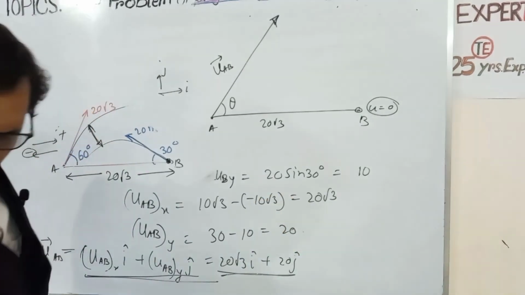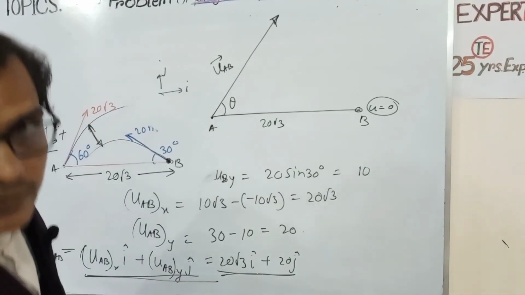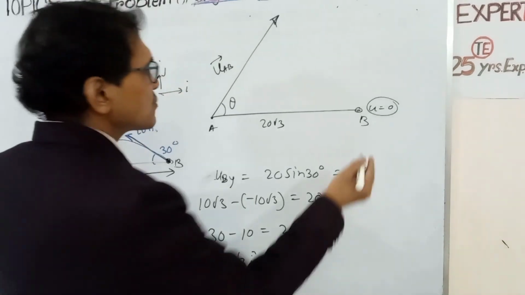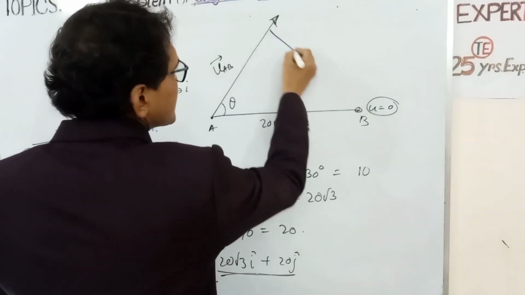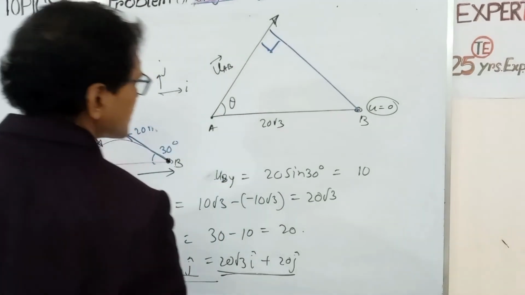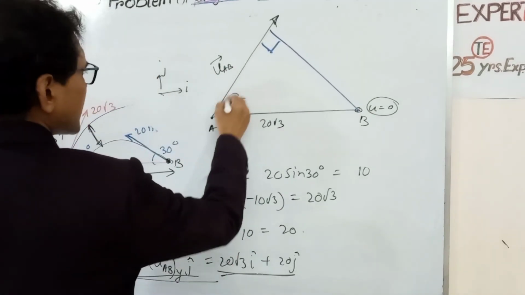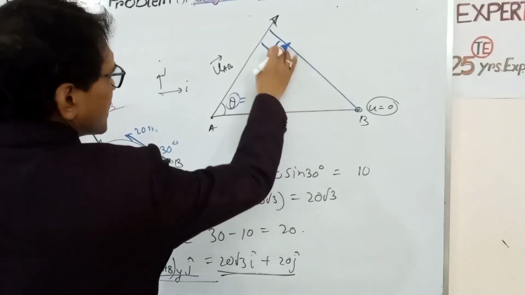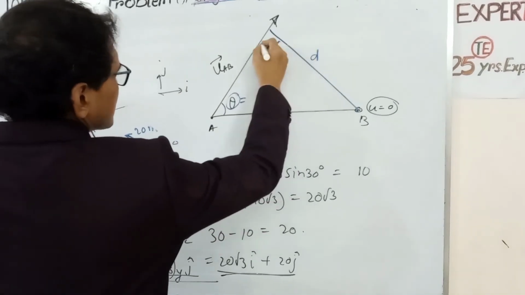Now what is the shortest distance? Shortest distance will be this perpendicular distance. This is the shortest distance, the minimum distance. Now if we calculate the angle theta, then we can easily find this perpendicular distance.